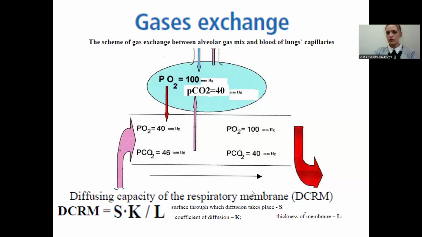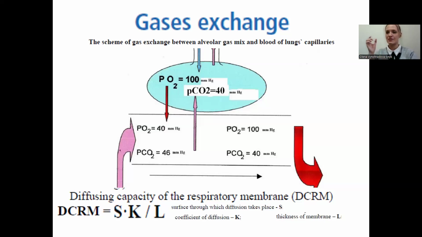An important value for you is the diffusing capacity of the respiratory membrane. It's marked as DCRM. For calculation of DCRM, we should multiply the surface on which gas diffusion occurs by the coefficient of diffusion for different gases.